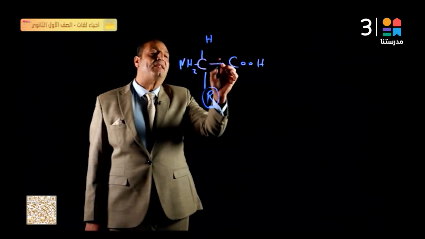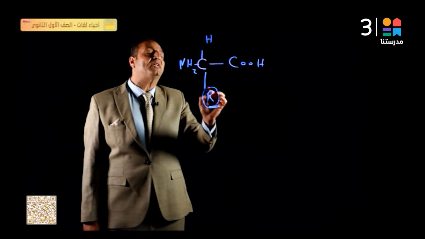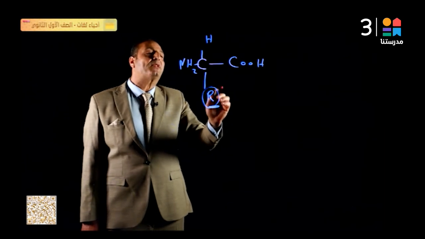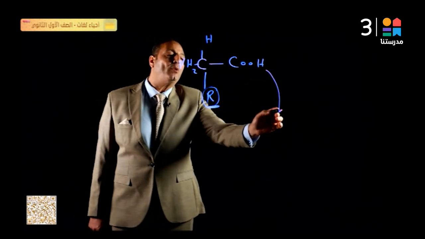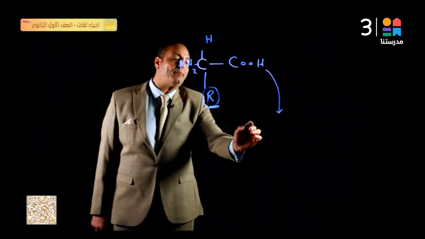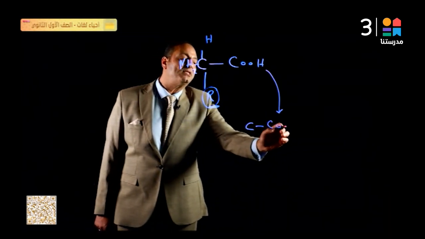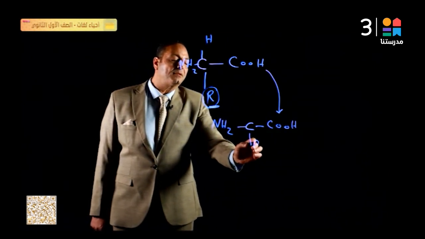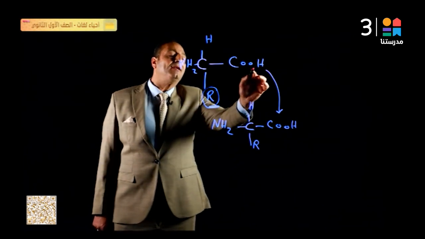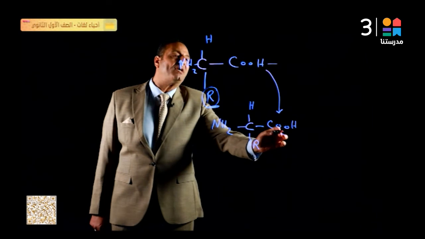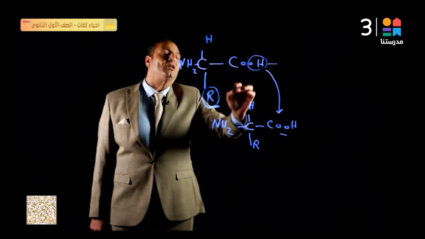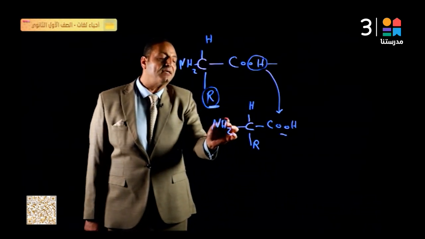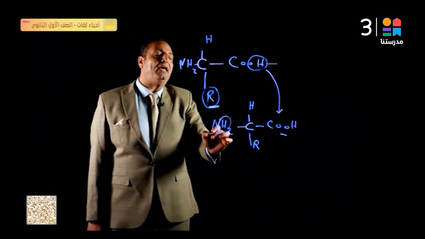What happens when an amino acid binds with another amino acid? A peptide bond is formed. Between two amino acids, it is a dipeptide; more than two, it is a polypeptide. When the first amino acid binds with the second, the free carboxyl group COOH loses OH, so it is no longer free, and a hydrogen atom is removed from the NH2 amine group.